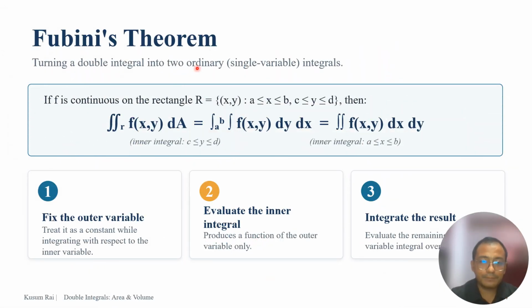In Fubini's theorem, we turn a double integral into two ordinary single-variable integrals.